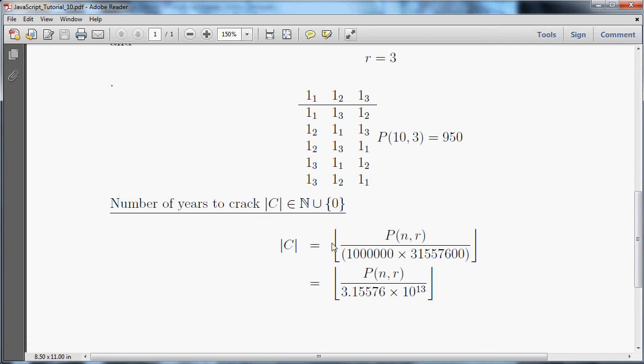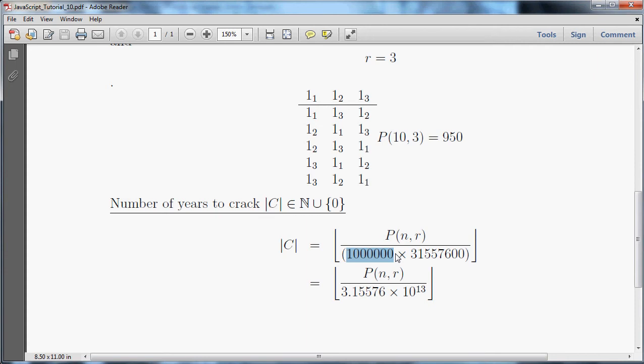Alright, so if we plug that in here, we see we have however many ways we get, and then this 1 million represents theoretical attempts per second.